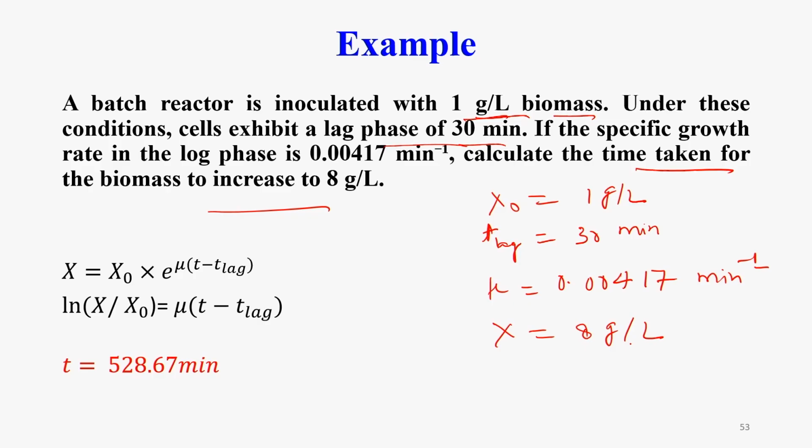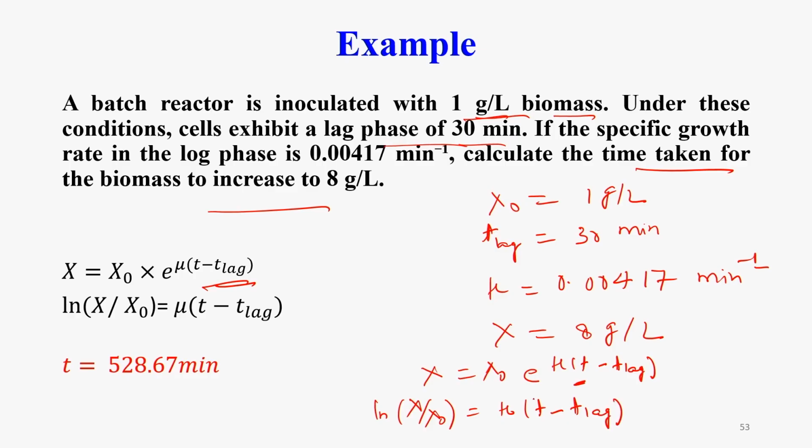We already know the expression, only the change will be T minus T lag. It says x equals x naught e to the power mu times (T minus T lag). What we need to find is the value of T here. So, we can rearrange it: ln x upon x naught equals mu times (T minus T lag).